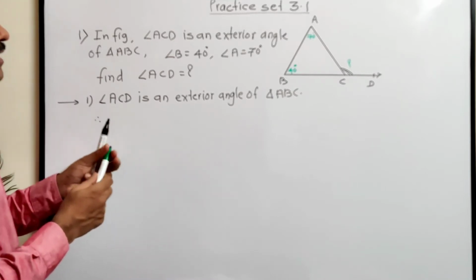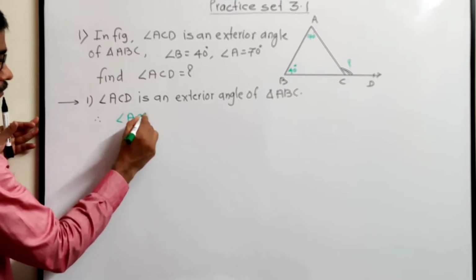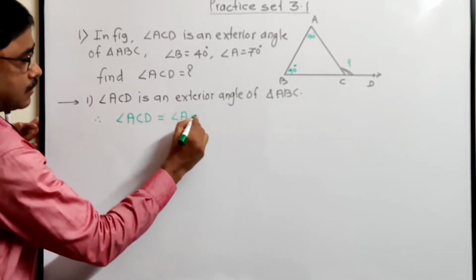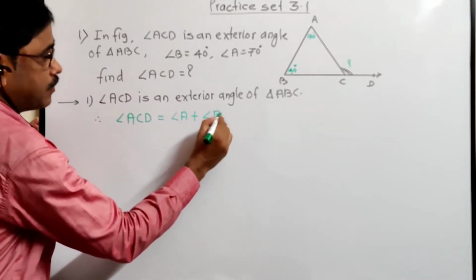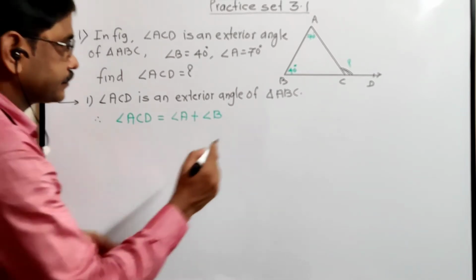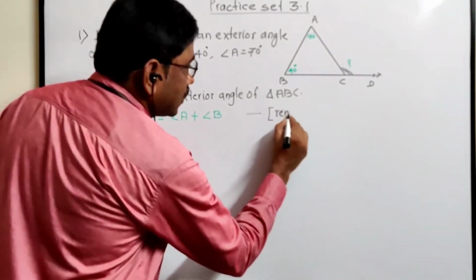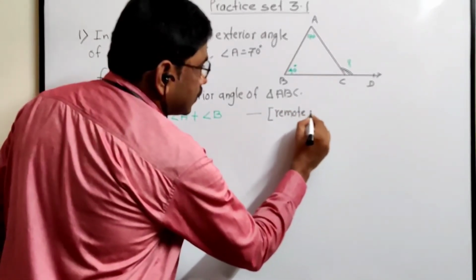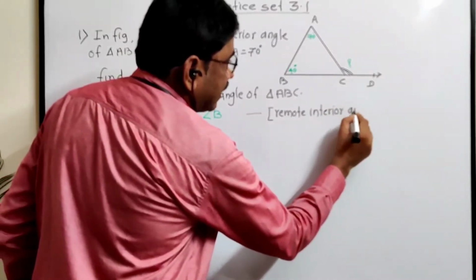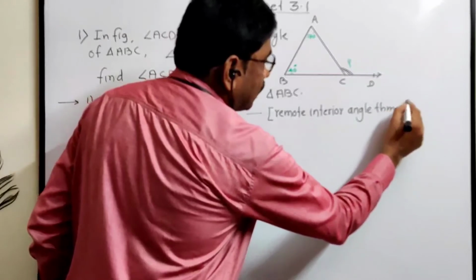The measure of the exterior angle, that is angle ACD, is equal to the measure of angle A plus the measure of angle B. And we have to write the reason here. The reason is whichever theorem we use, that we have to write: remote interior angle theorem of a triangle.